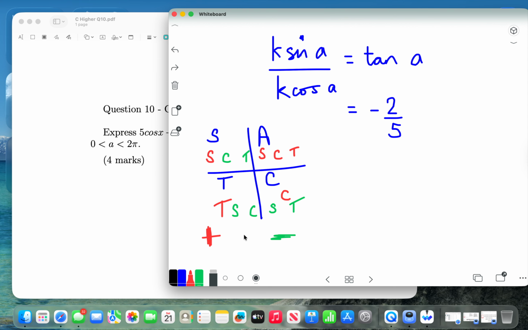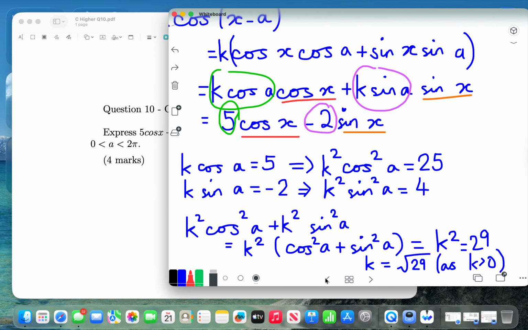So it can't be the first quadrant because the tan is positive. It also can't be the third quadrant, because the tan is positive in this quadrant, but it's negative that we have to find. K sine a is negative and k cosine a is positive.